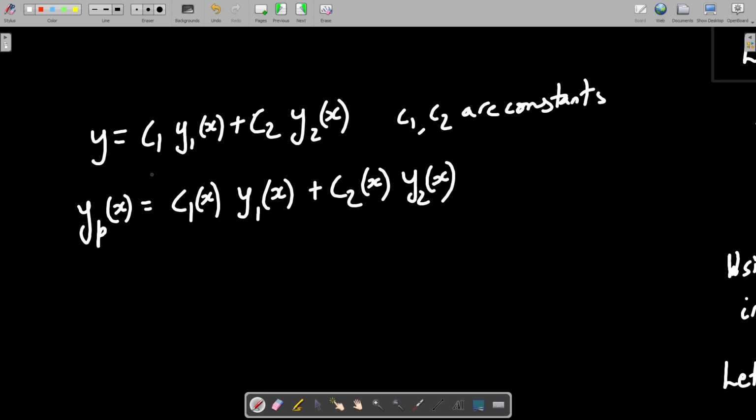So what they are doing is treating the constants as functions, writing the same form again as a new solution, and based on that they find the values of c1 and c2. So another name for this method is variation of constants.